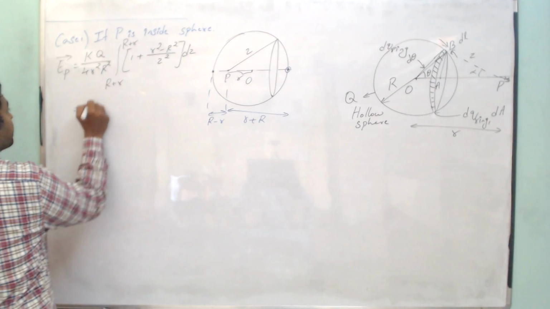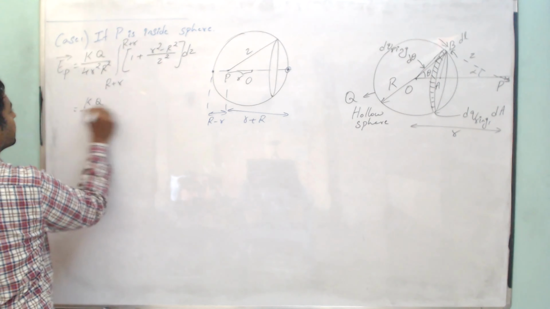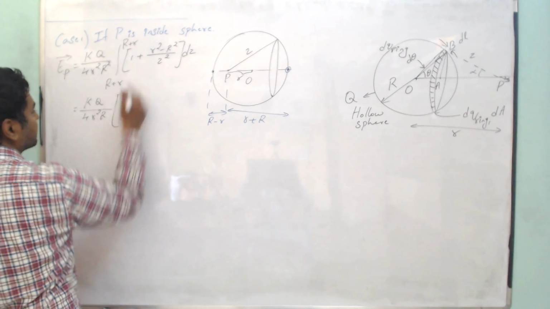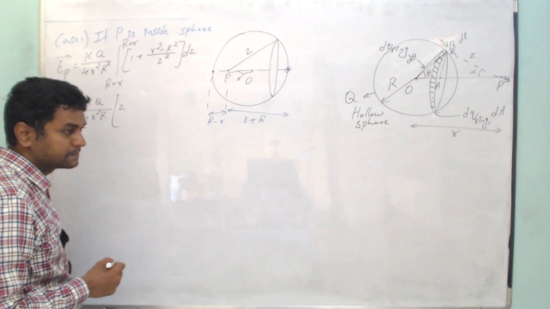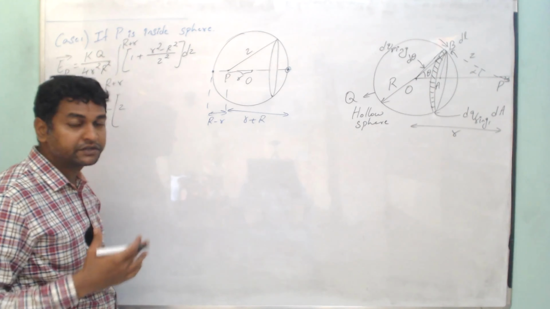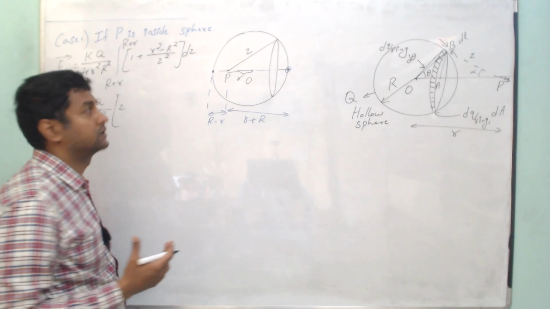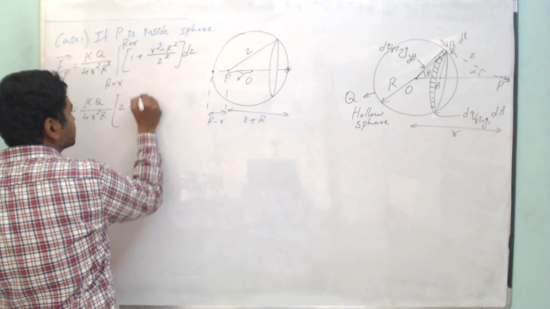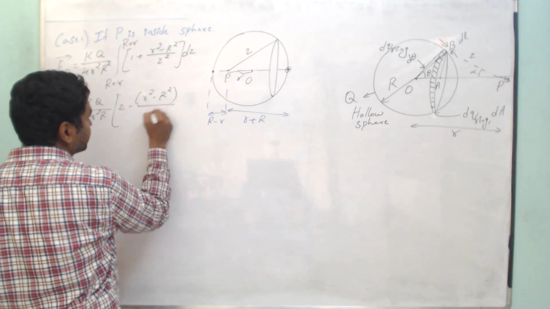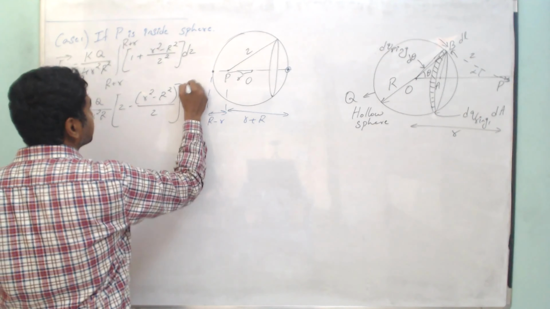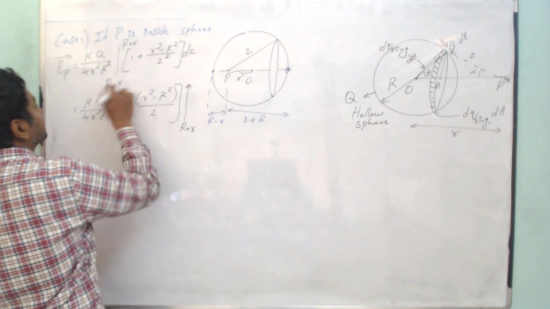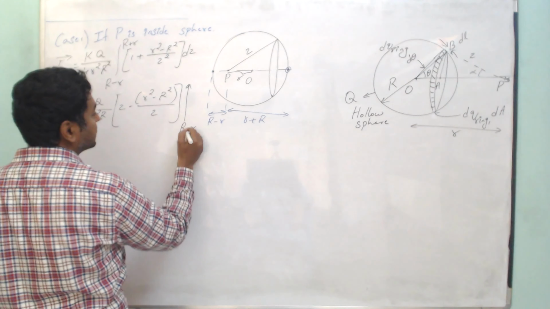So I have the constant kq by 4r square R square. After integration, 1 will become Z. Integral of dz by z square is minus 1 by z. Minus, I have r square minus capital R square as a constant in the numerator, divided by Z, with limits from capital R minus r to capital R plus r.